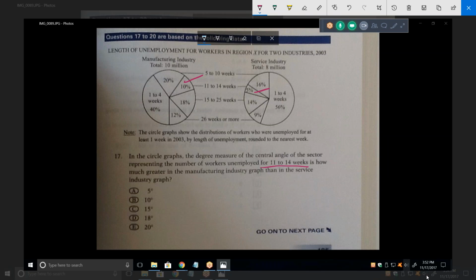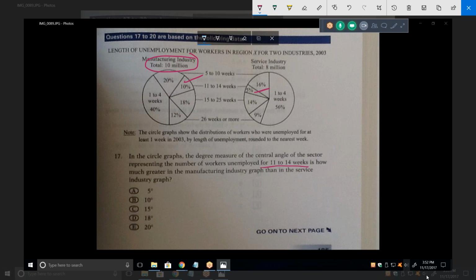Hold on a second. You have 100. Oh, well, you don't know that, no, that's not a 180 degree angle. So. No, it's 5%. How much greater in the manufacturing than in the service? Oh, okay. Here's what I wasn't looking at right there.